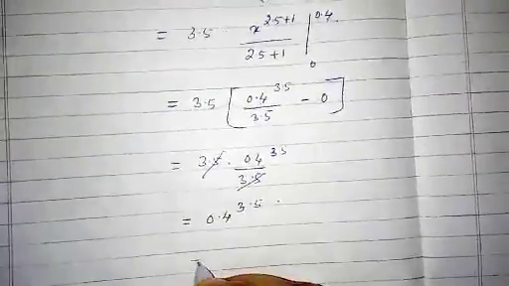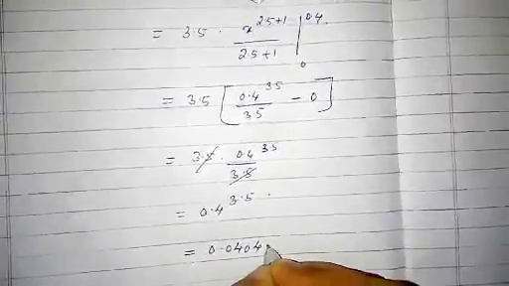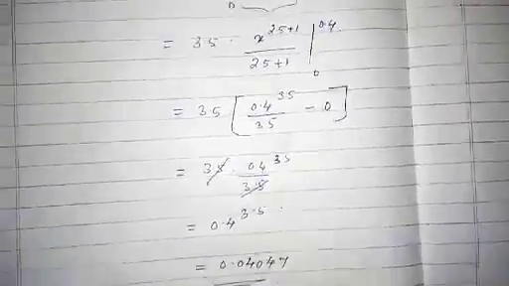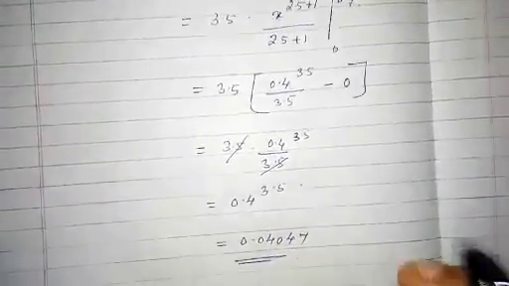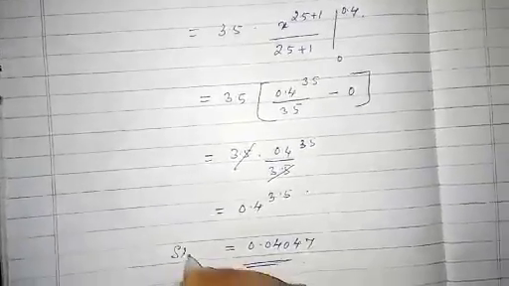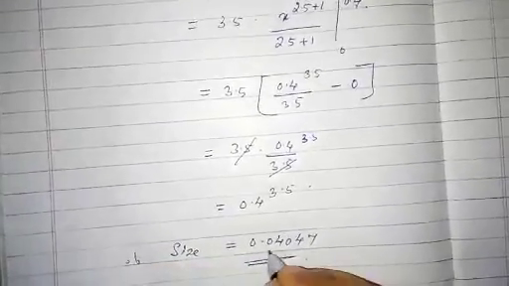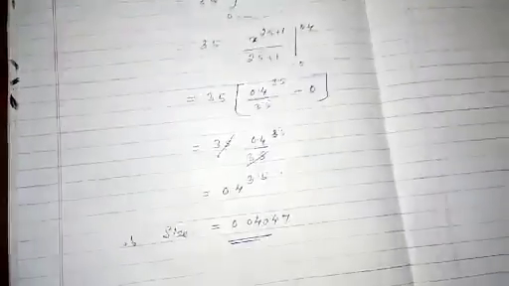So this value is approximately equal to 0.04047. This is the size of the test for this problem. Understood? Therefore, the size equal to 0.04047. Understood the problem?